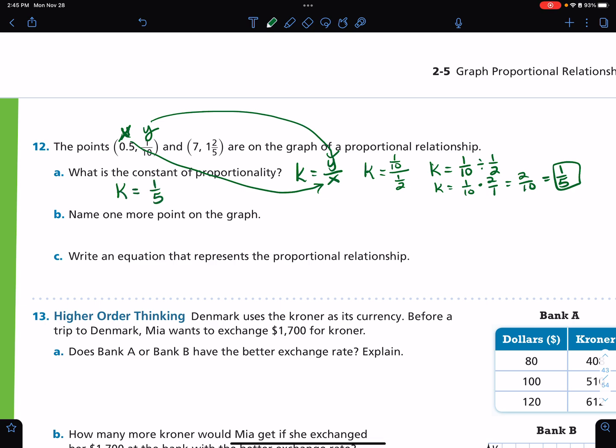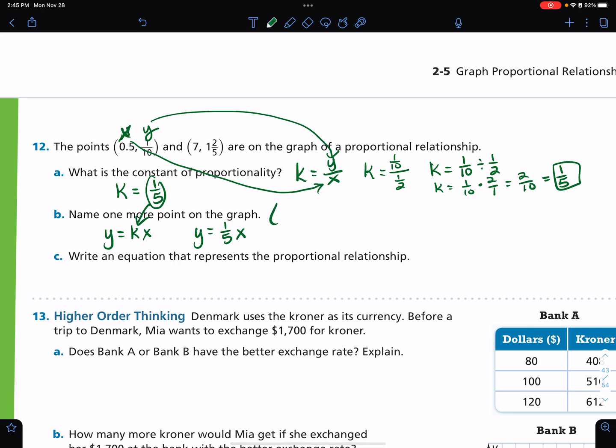Name one more point on the graph. So that's when you have to use the equation, y equals k times x. So this is where it's cool. I get to substitute in k right here. So y equals 1/5 of x. Well, now I just get to pick a number. Okay, so let's make x 1.